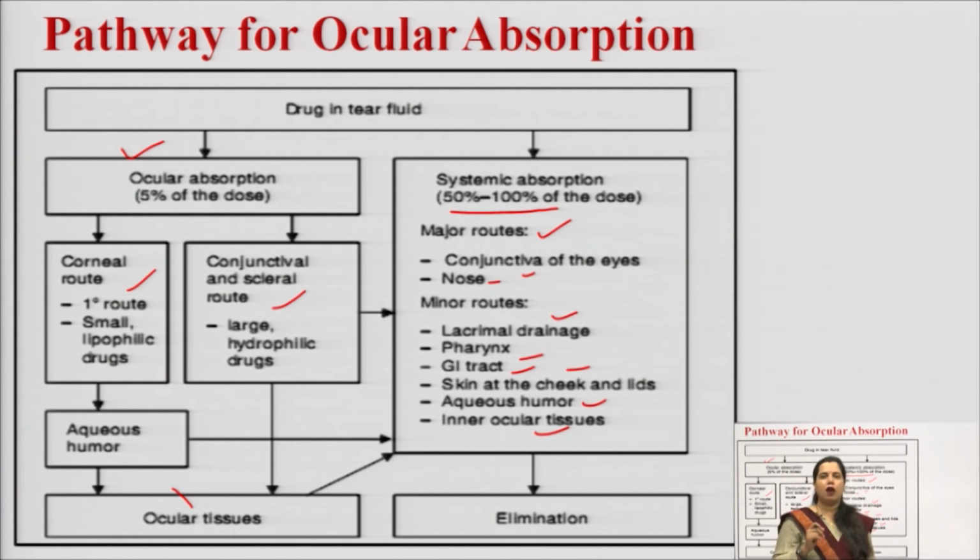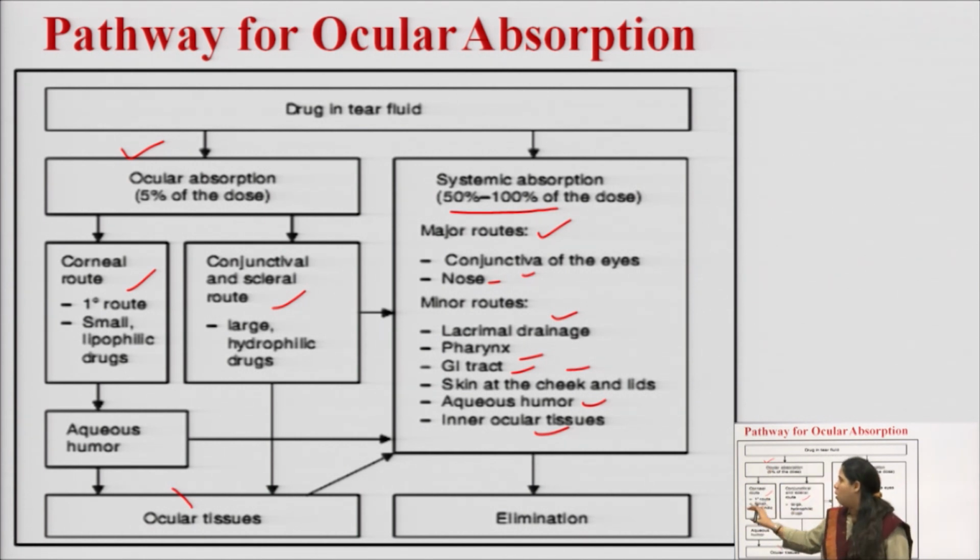Now, we have discussed various pathways for drug absorption. If it is absorbed via corneal absorption, then the drug will follow this path. If it is absorbed through these parts, conjunctiva, nasal route, lacrimal drainage, pharynx, then it will go into the systemic circulation and be directly eliminated.